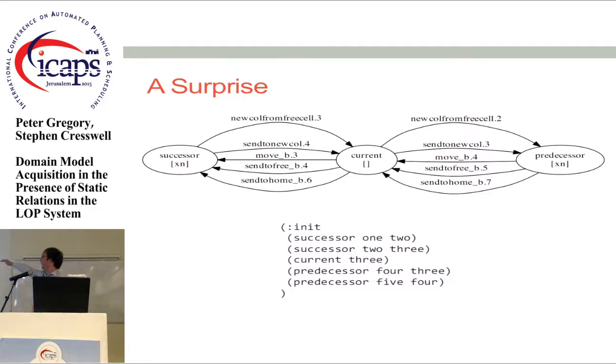So if we increase 3, then we would get successor 3, 4, current 4, and then predecessor 5, 4. Okay, so things that we expected to see as results came out to be encoded as dynamic facts, right? So again, this just adds another layer of complexity into evaluating these things.